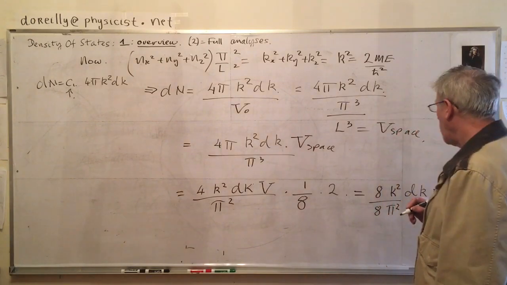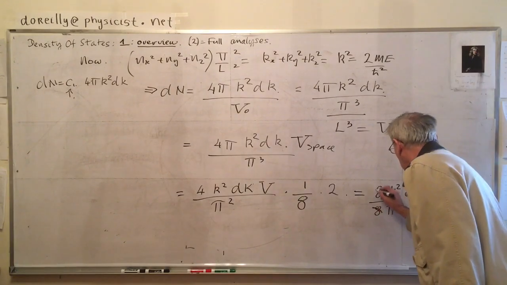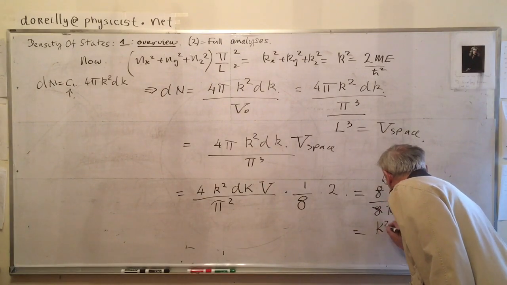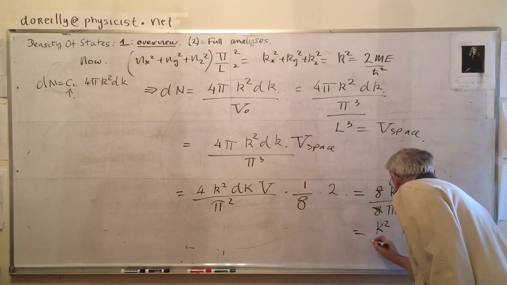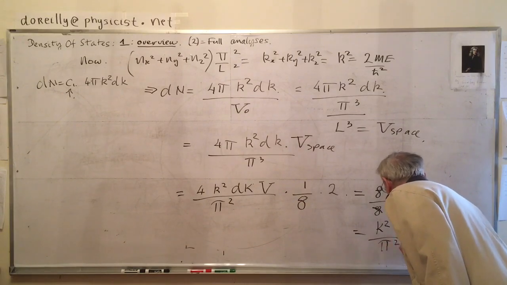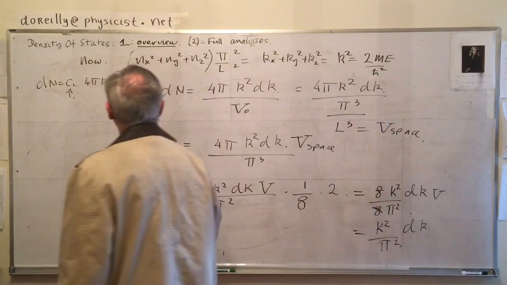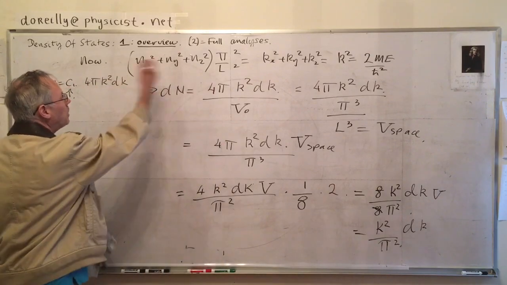And that's what I get, okay? 8 over 8 cancels. So I get V k squared over pi squared for this dn, and let's erase everything on the board.